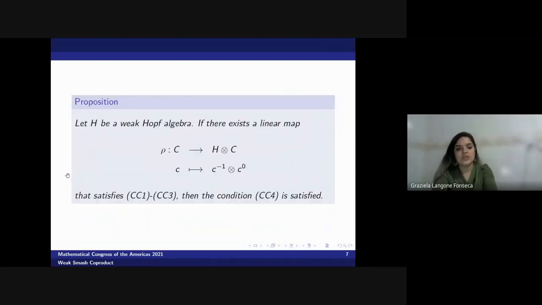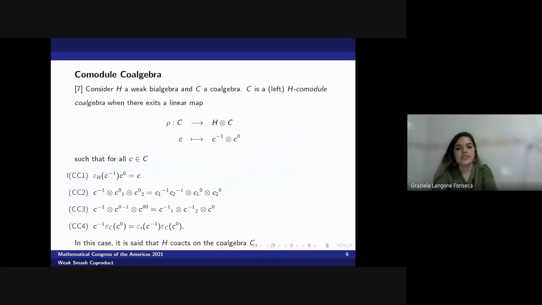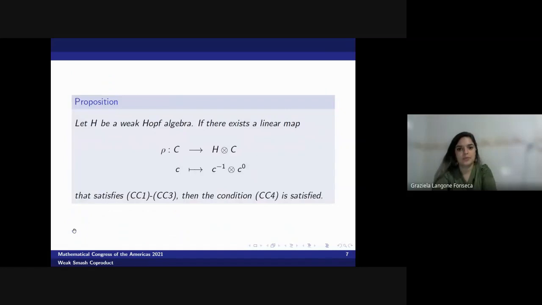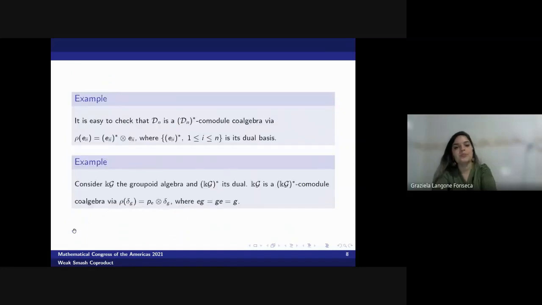This next result says that if in this definition we consider H as a Weak-Hopf algebra, then these three properties imply this fourth property. Here we have two examples of comodule coalgebras.